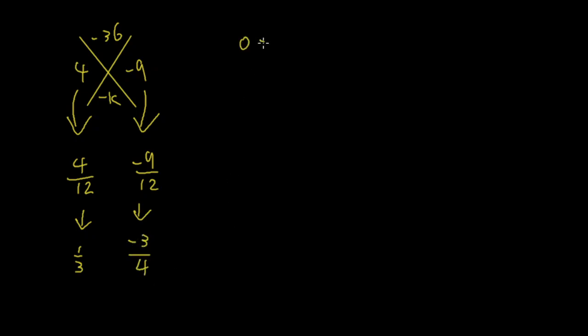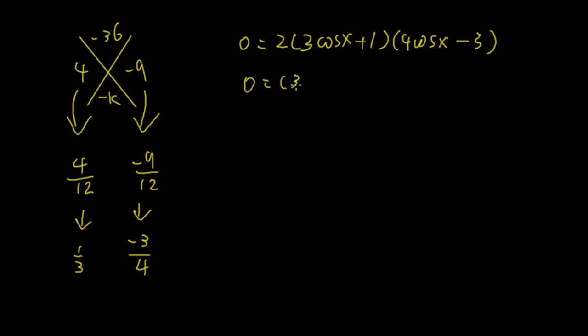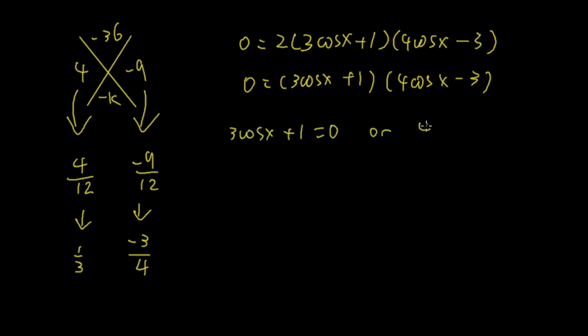Now, the potential factor form is 2 times 3 cosine of x plus 1, times 4 cosine of x minus 3. Now divide both sides by 2. 0 equals 3 cosine of x plus 1 times 4 cosine of x minus 3. Now that means 3 cosine of x plus 1 is equal to 0, or 4 cosine of x minus 3 is equal to 0.